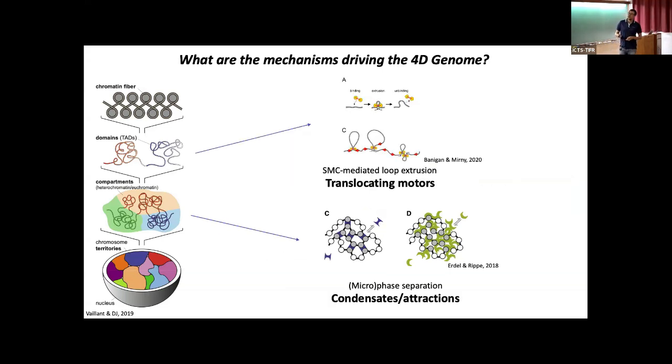But today I will focus on a slightly different subject. We have these two main processes. One is likely related to translocation of motors along the DNA, the way loop extrusion works, and we also have a mechanism that leads to condensates, likely driven by attractions between molecules.